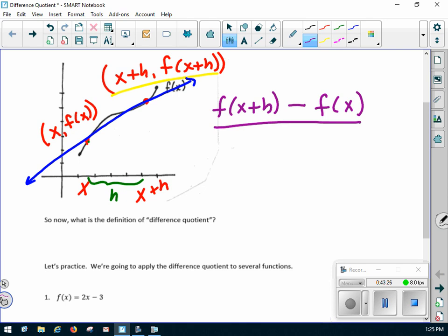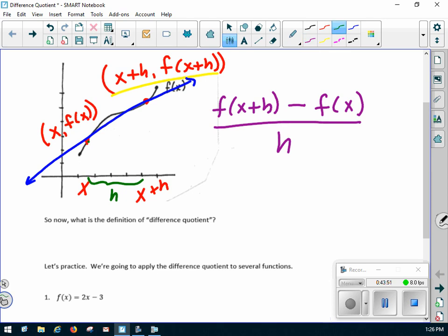Oh, minus x. So x plus h minus x. But that denominator will clean up just a little bit, because x minus x is 0.